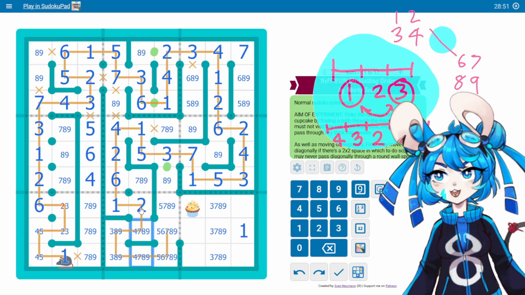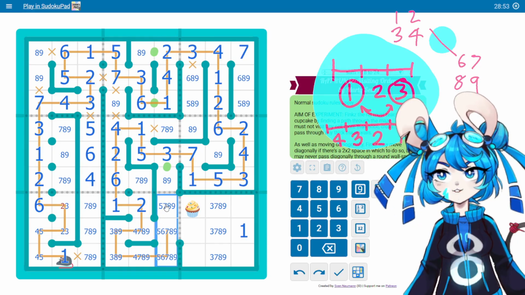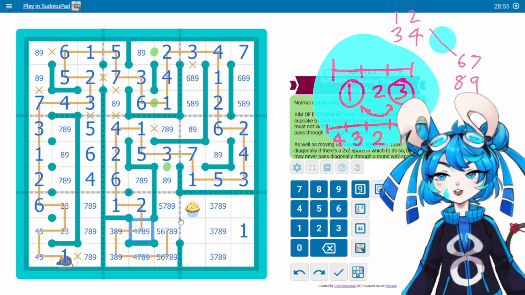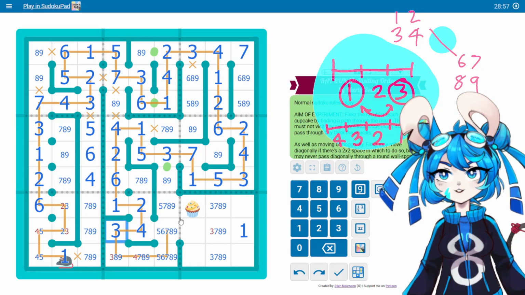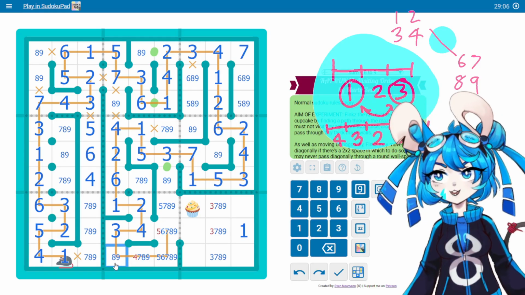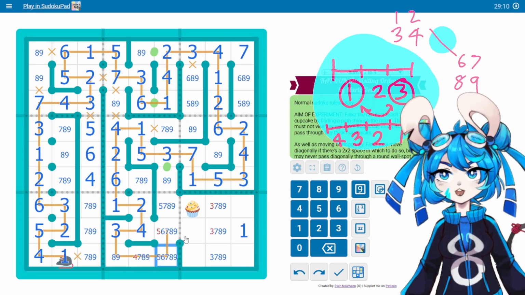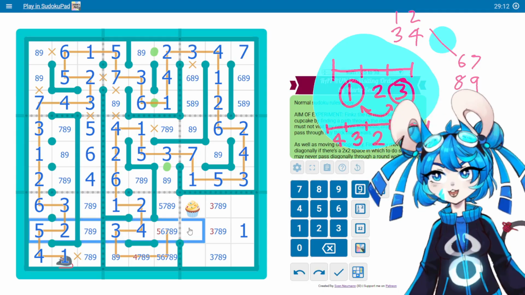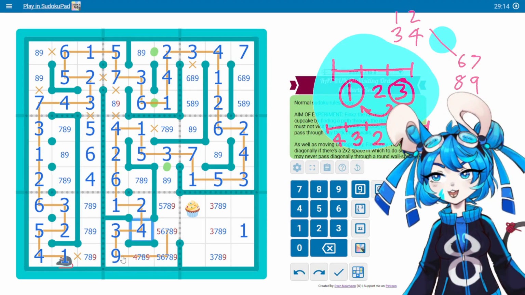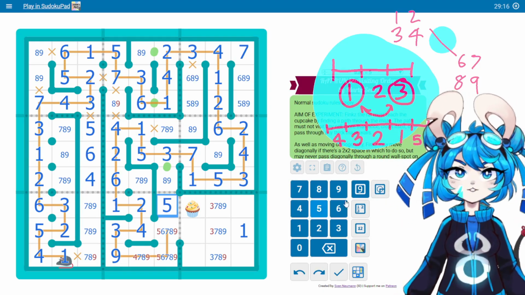So this can be a 2, but it does change the 3, because the 3 can't be in position 7, 8, or 9. It has to be 4 and 3, indexing each other. 2, 3, 5, 4. It does put the 5 in one of these two cells. 5, 6, 7, 8. It can't go here because of this 5, so it has to go in position 9.